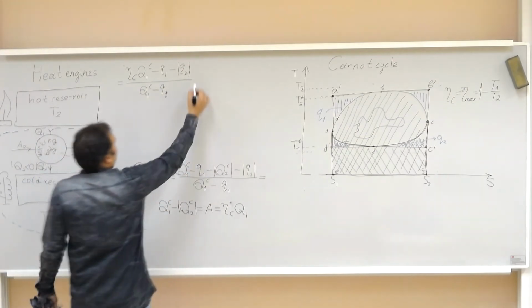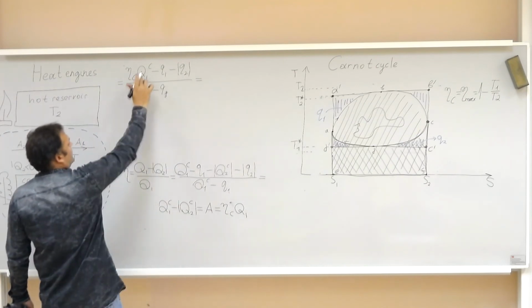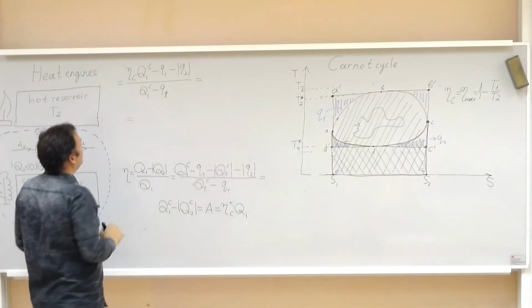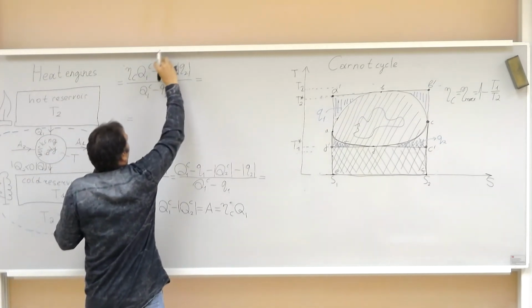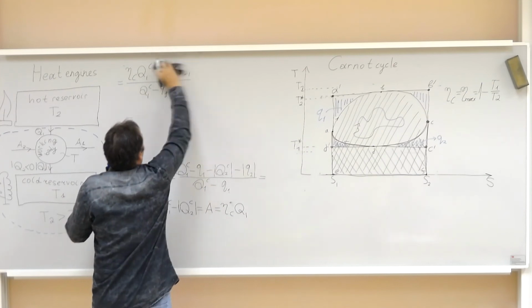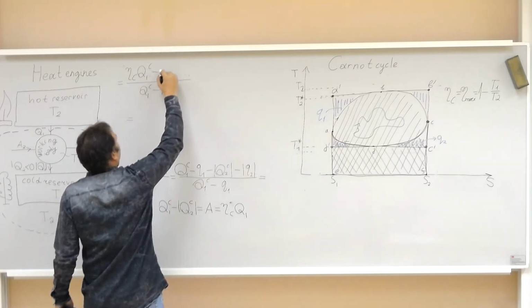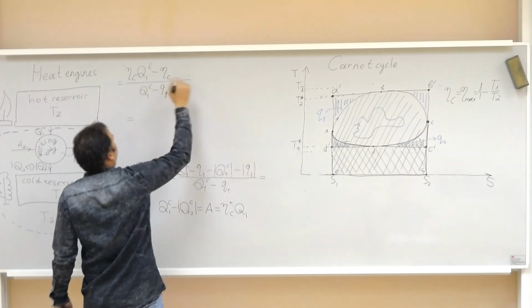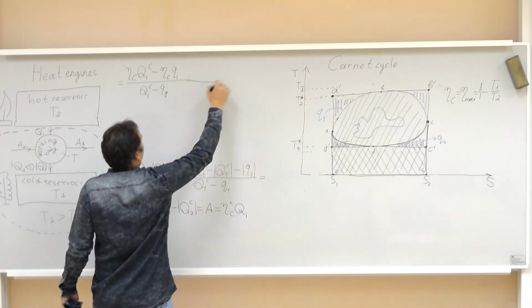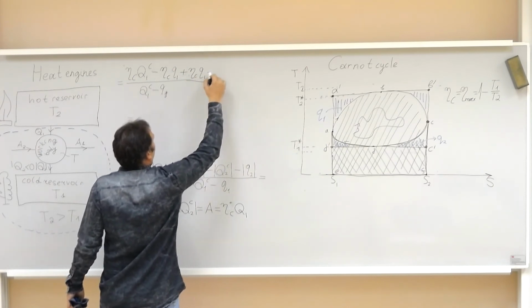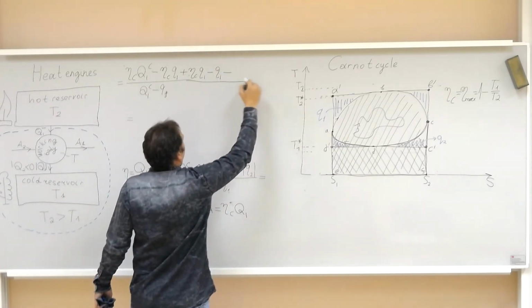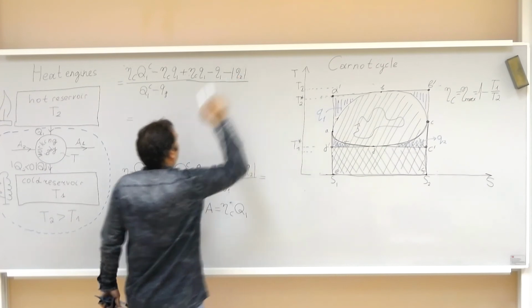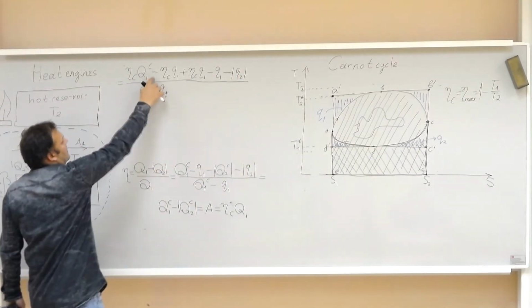And now I divide this fraction into three parts. What I do, I add and subtract the quantity eta Carnot times Q1. And then I divide.